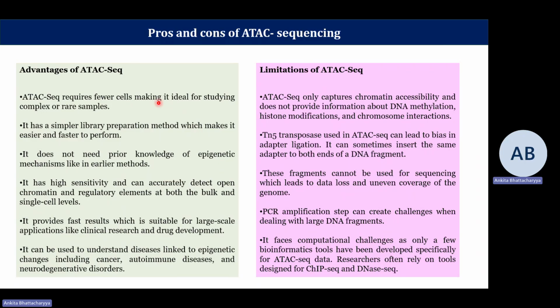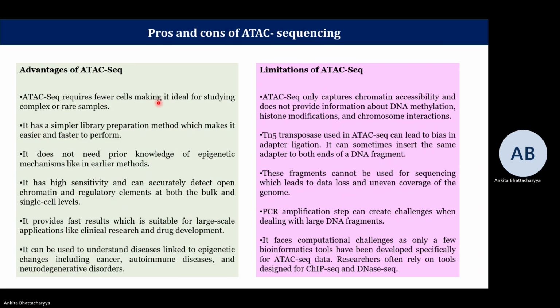It has very high sensitivity, very accurately detects chromatin and regulatory elements at both bulk and single cell levels, and provides really fast results, which make it suitable for large scale applications like clinical research and drug development. It can be used to understand diseases that are linked to epigenetic changes, that includes cancer, autoimmunity, or neurodegenerative diseases, etc.